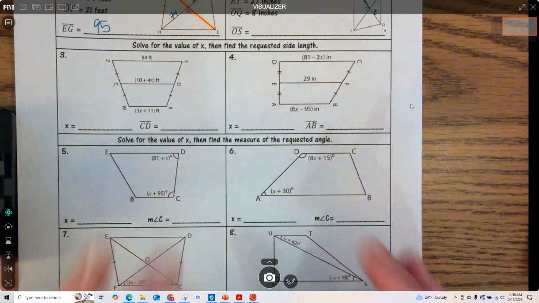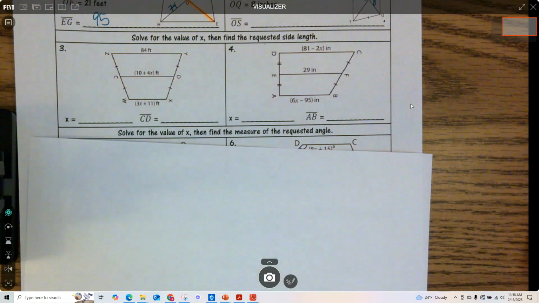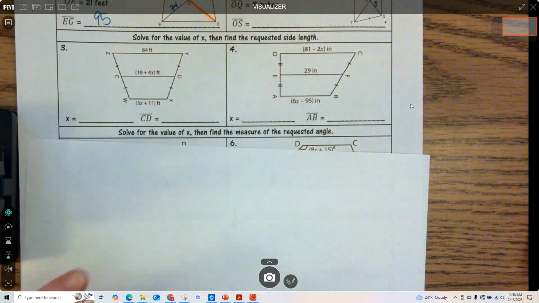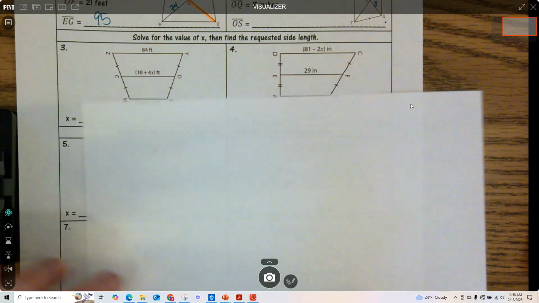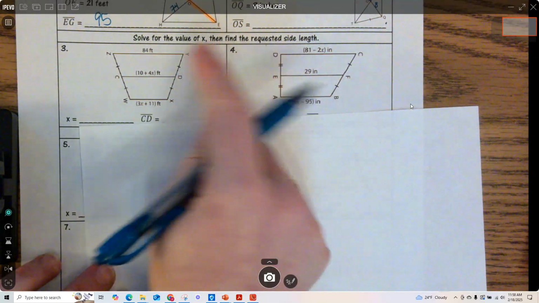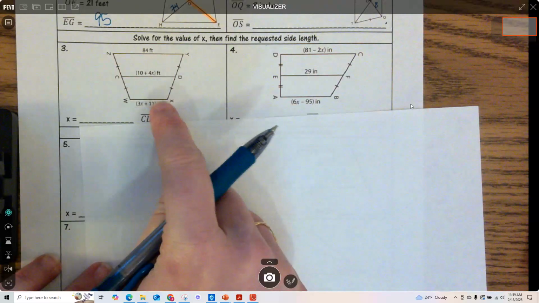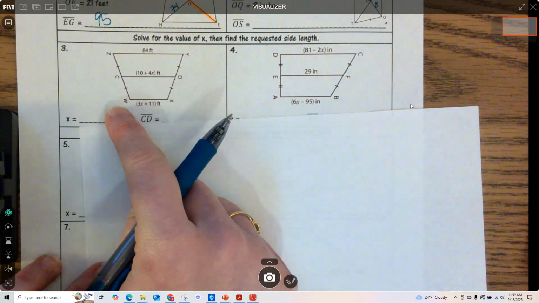Okay. Here's where things kind of get a little bit more complicated than what we've been doing. Are these mid-segment rules. It wants to find the value of X and then find the requested side length. So here we've got, I know it's kind of hard to see because it's sideways, we've got YZ as a base and we've got XW as a base.